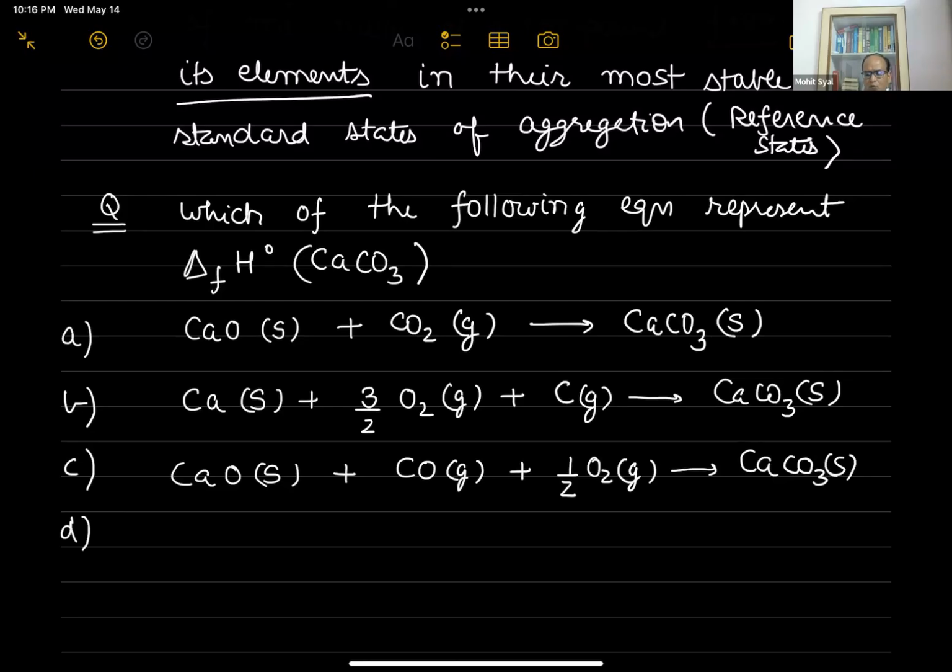Can any equation be used to represent the standard molar enthalpy of formation of CaCO3? No, I need one specific equation. It needs to be very specific, yeah.